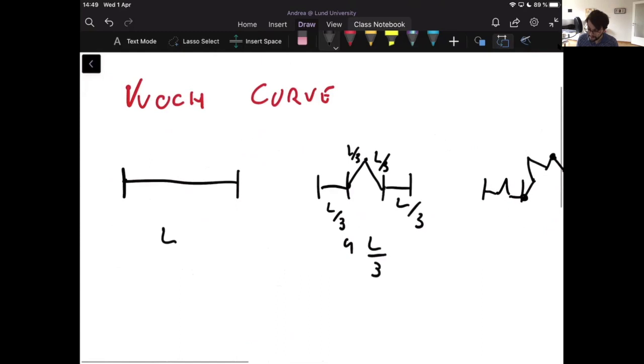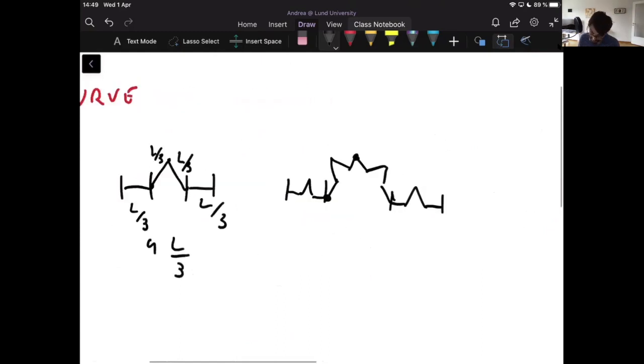So it's a self-repeating pattern. So this is also self-similar. So each of these 4 segments that you had now has a 4/3 perimeter. So the yardstick length is now L divided by 9, and the number of segments of length L divided by 9 is now 4 squared, okay?